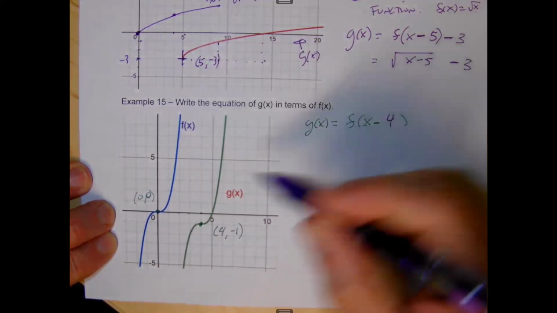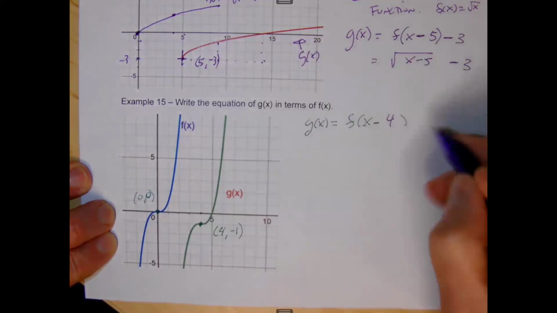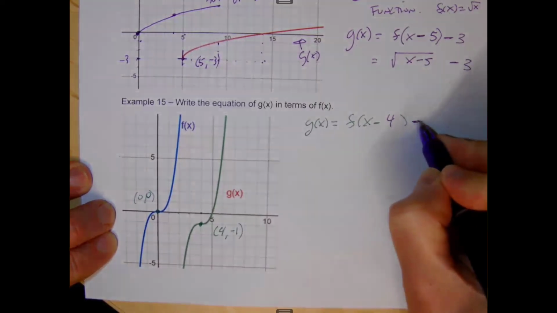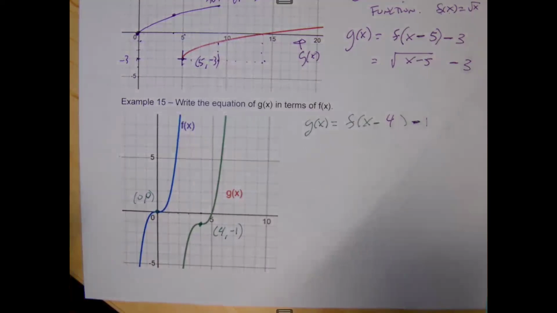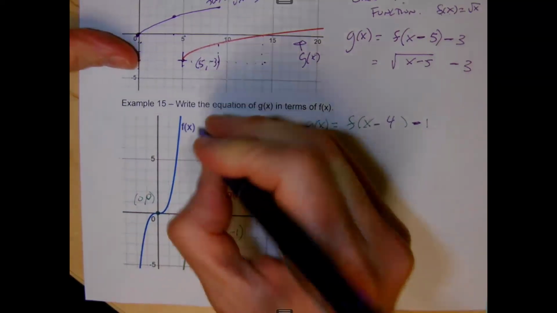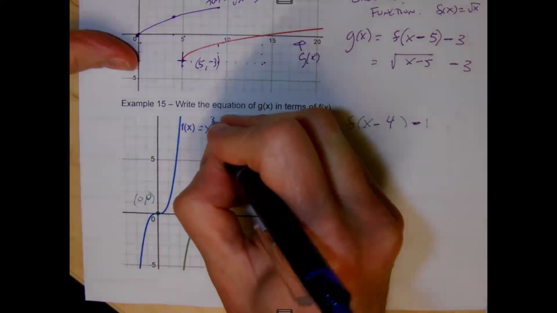And then the vertical shift, because I'm going down, notice now the direction, I'm going to subtract 1. So it makes sense to just say subtract 1, or you say add negative 1. And there's my function. I don't know if you recognize this, but the basic function here is x cubed.